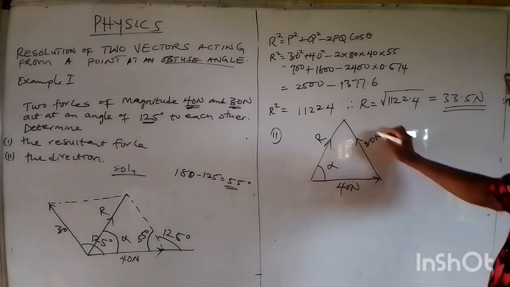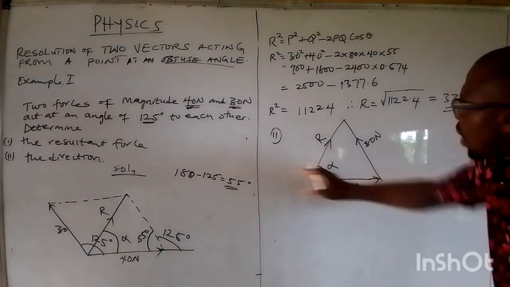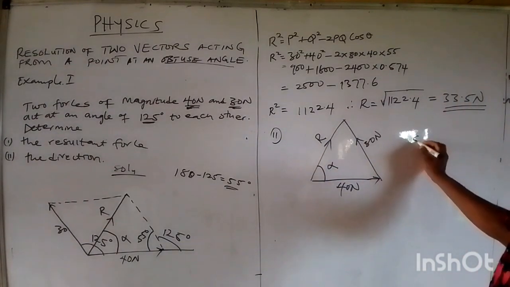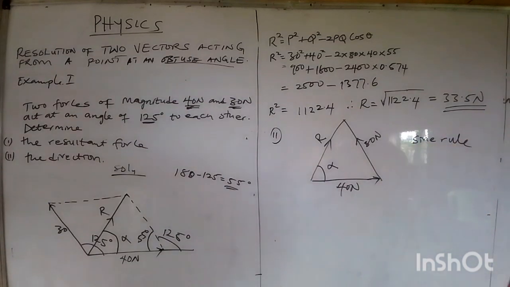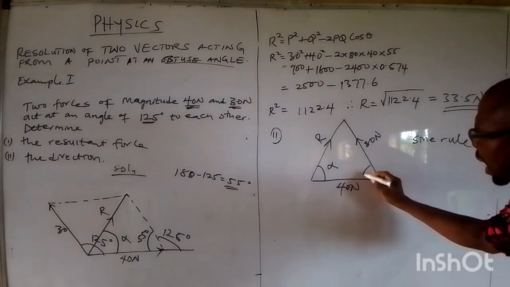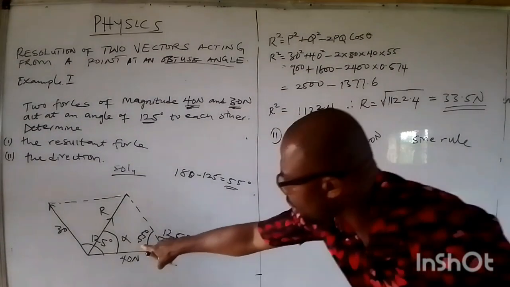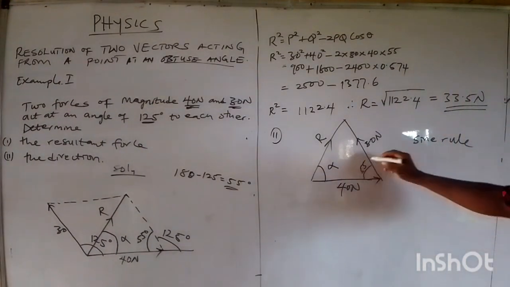Okay, for us to get our alpha here, we use the sine rule. We bring out this angle 55 degrees here.